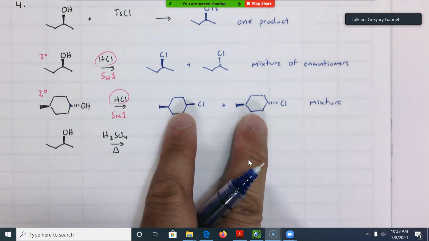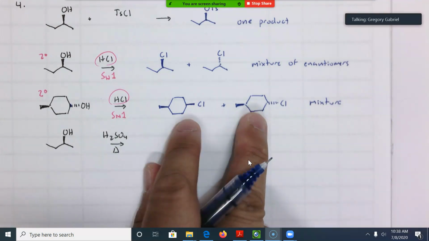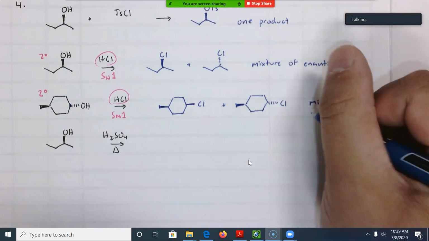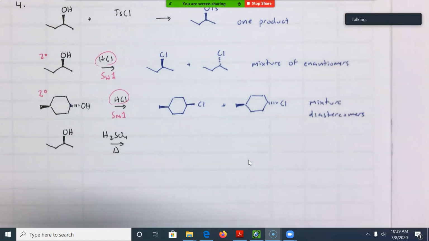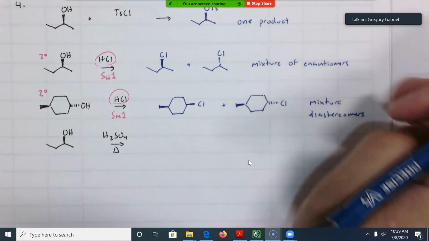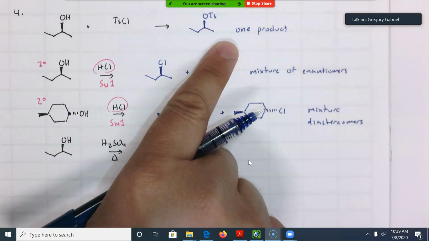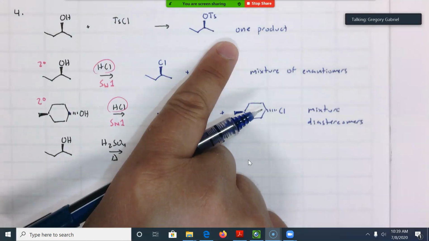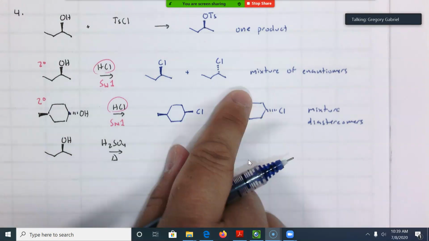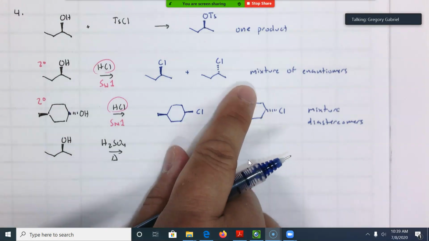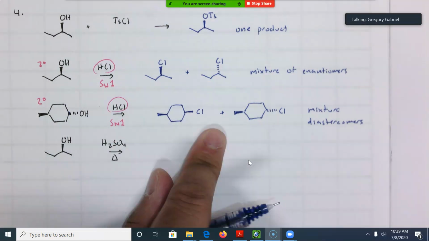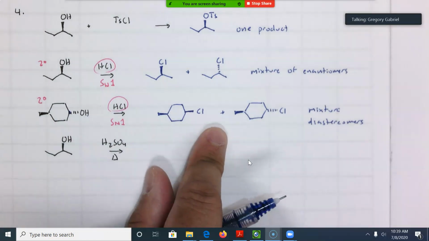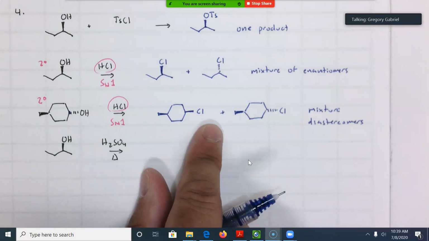Diastereomers are stereoisomers that are not mirror images. So far we have different results, right? For the first reaction, we get one product, pure. For the second reaction, we get a mixture of enantiomers, hard to separate. For the third one, we have a mixture of diastereomers, easier to separate.